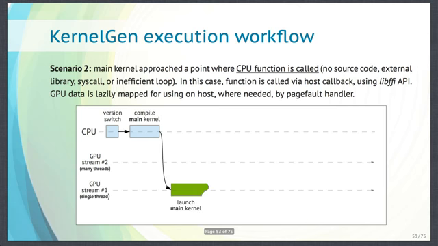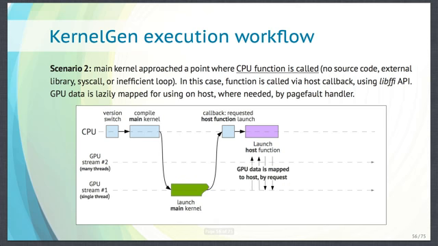Another case would be if we need to make a host function launch. The host function would be a system call from an external library we don't have source code for, or a call to a loop which is inefficient for GPUs. In this case, we have the same JIT compile pipeline and a libffi foreign function call for launching the host function. GPU data will be lazily mapped to the host from the GPU by request as needed, using the page fault handler.